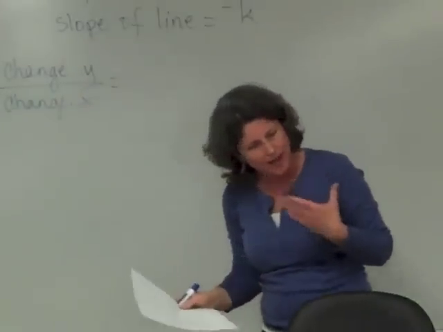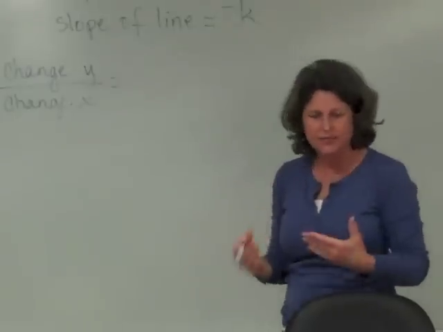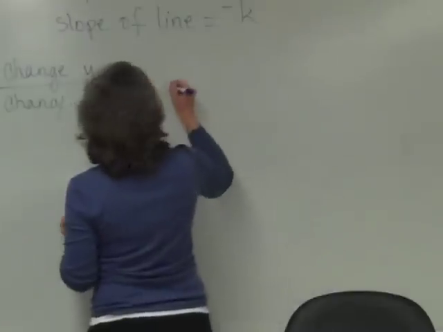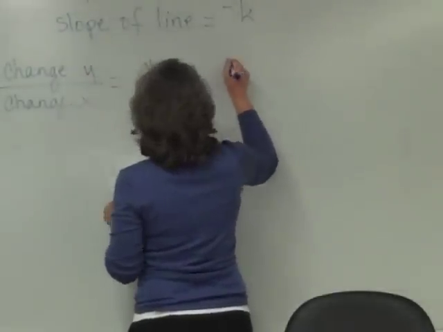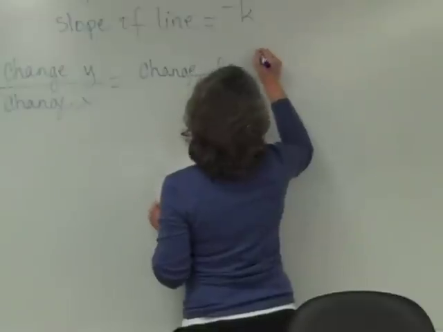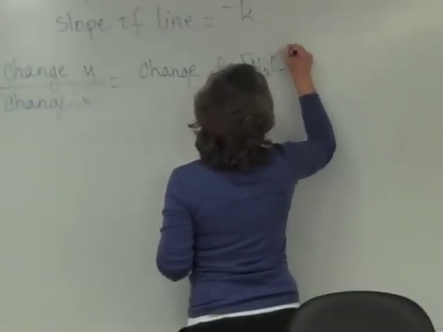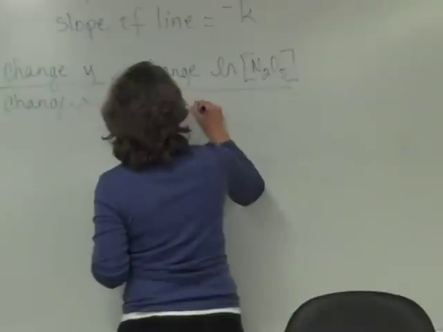We have to use the data that gave us the straight line. So in this case, it's going to be the change in the natural log of N2O5 over the change in time.